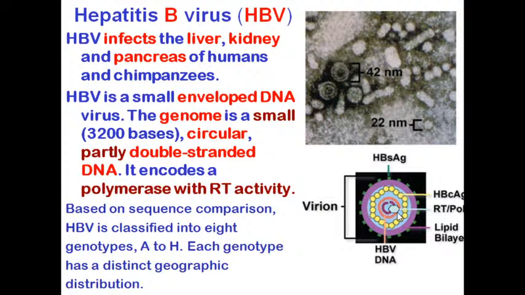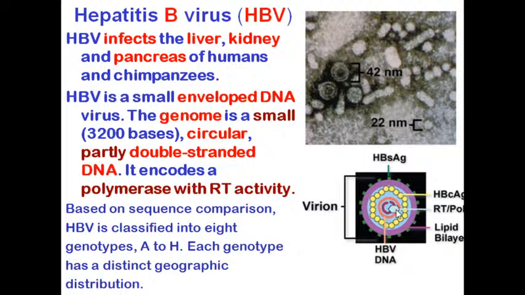It is important that inside the virion we have an enzyme called polymerase, but this is an unusual polymerase. Except for regular DNA-dependent RNA polymerase activity, it has reverse transcriptase activity. What does it mean?